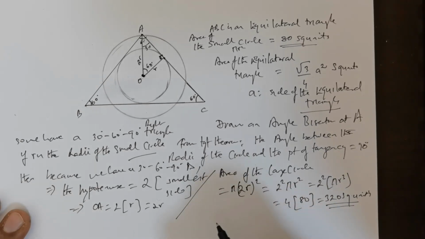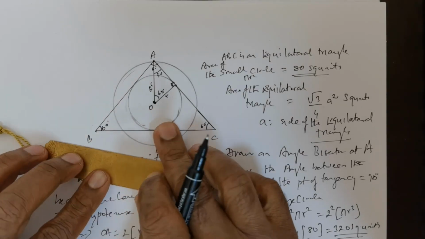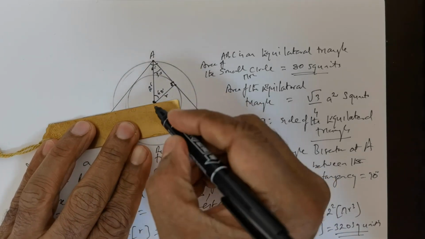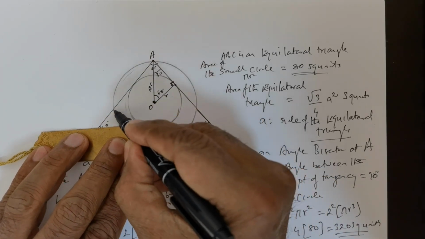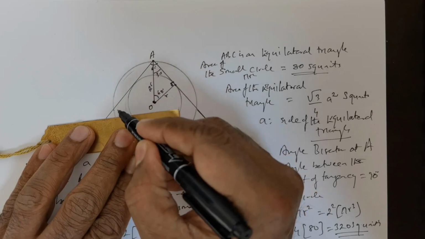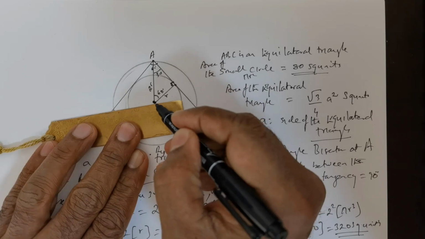Okay, now as I mentioned to you, we are actually looking to get this segment. So let us proceed in that direction. Now the next important step is we will have to connect this point of intersection between the side of the triangle and the circumference to the center.